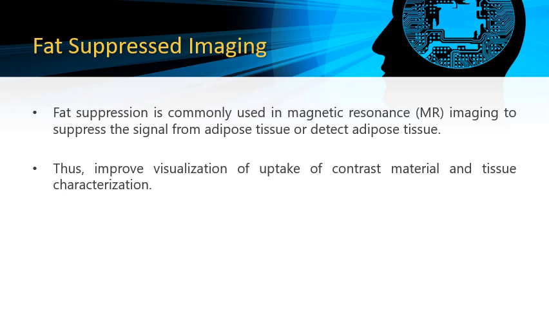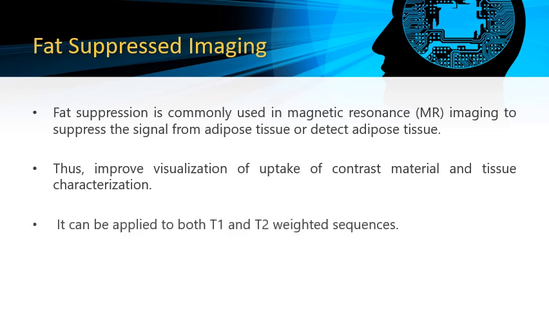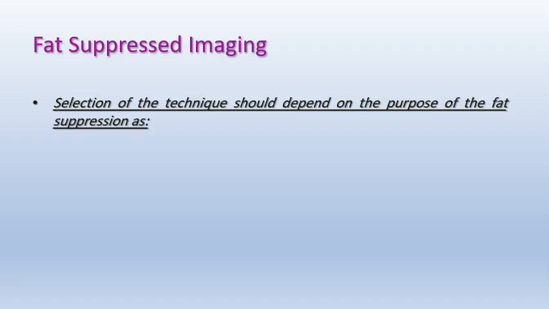Additionally, the fat suppression technique enhances the contrast resolution of the image, especially with post-contrast studies. Fat suppressed imaging can be used with T1 and T2 weighted sequences, as we will discuss later.